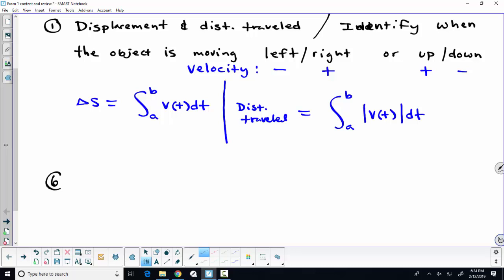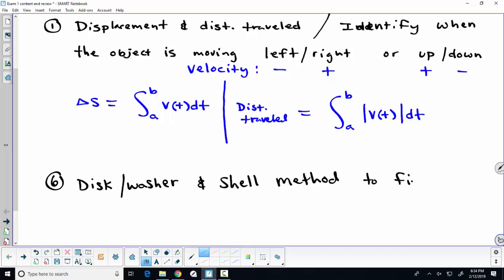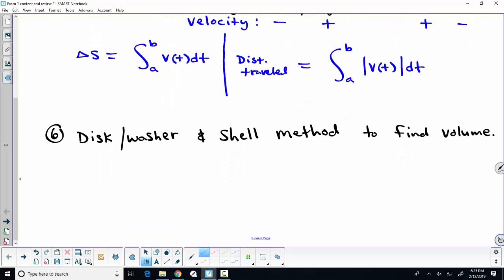It's going to be 6 questions dealing with disc, washer, and shell methods to find volumes. Some of these problems will be setup only, and some will be evaluate.